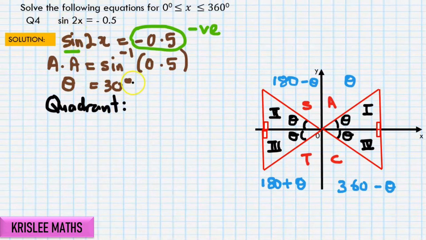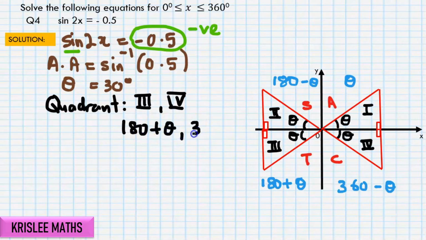Okay, the function sine is negative in the third quadrant and the fourth quadrant. In the third quadrant, it is 180 plus theta, and in the fourth quadrant, it is 360 minus theta. So here the angle given is 2x.